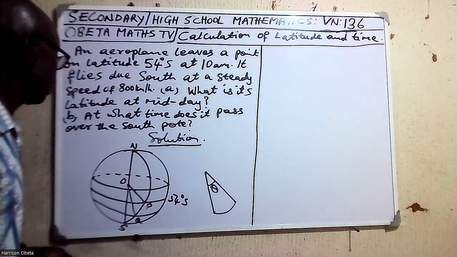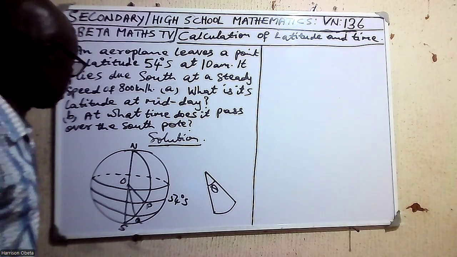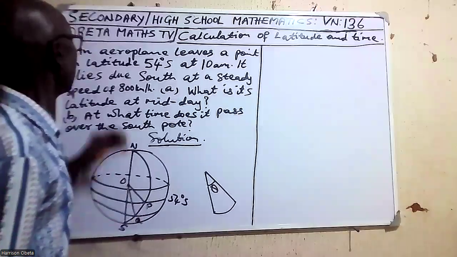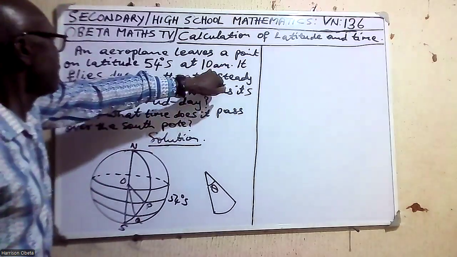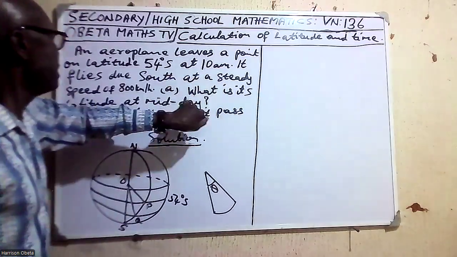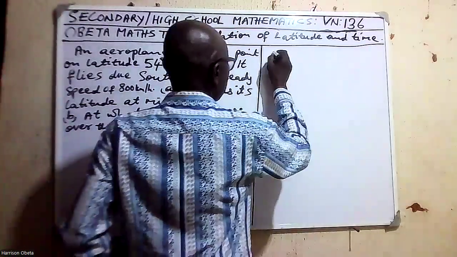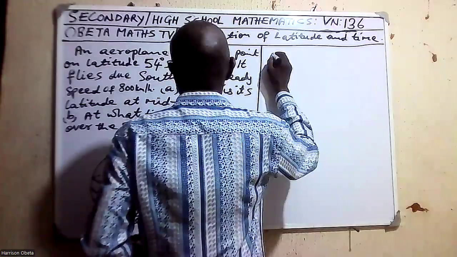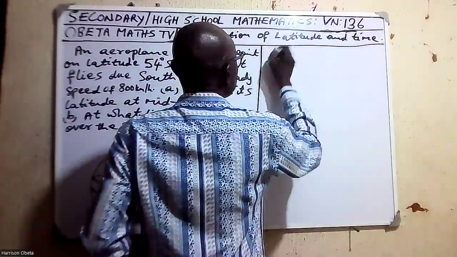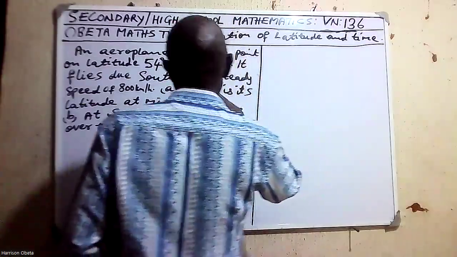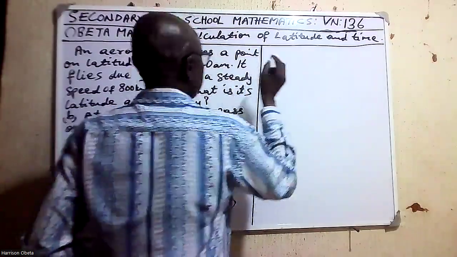Now, we know that the plane left at 10 a.m. So at midday, the plane has covered 2 hours. So, what is the latitude? Okay, the first thing is to find the distance.